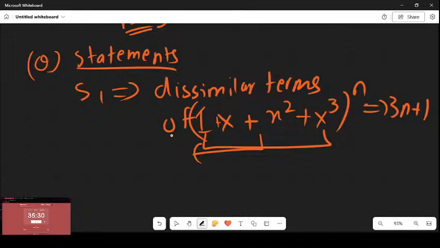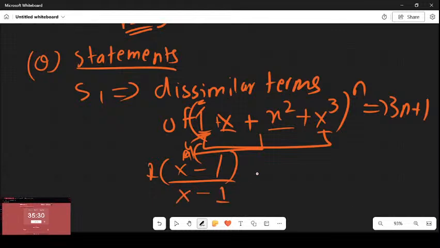Don't you think that this is in a GP? Here the first term is 1, x, x square, x cube. It's an increasing GP. Am I correct? Now, if it is in a GP, what is the formula? (x to the power 4 minus 1) by (x minus 1), whole to the power n. Am I correct?